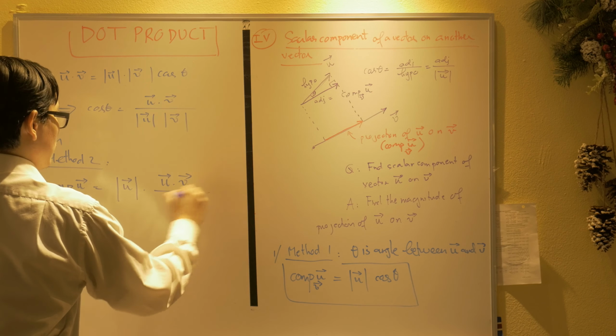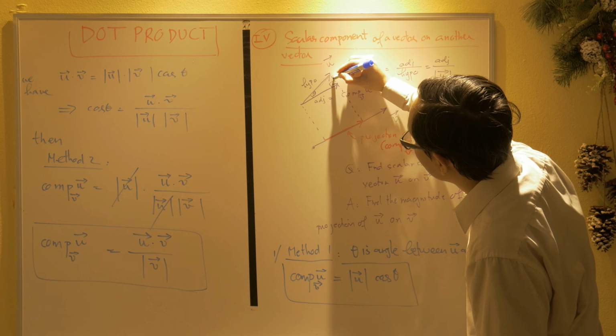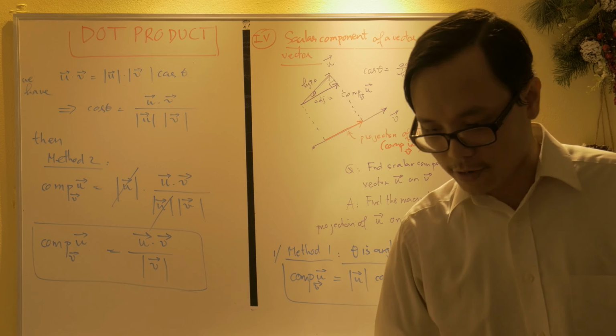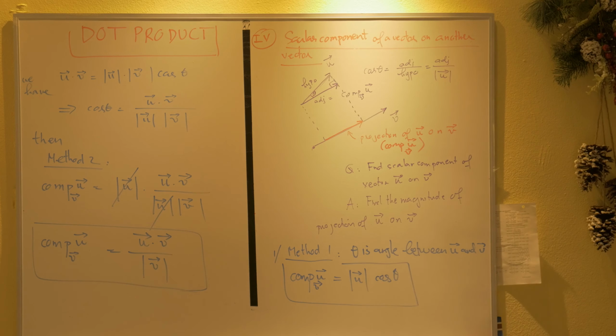Actually the second formula is derived from the first formula, and the first formula is derived from the fact that we translate the red vector to become the adjacent side of the triangle here. Alright, that's the method to find the scalar component of a vector on another vector.